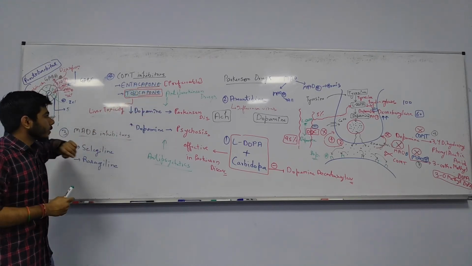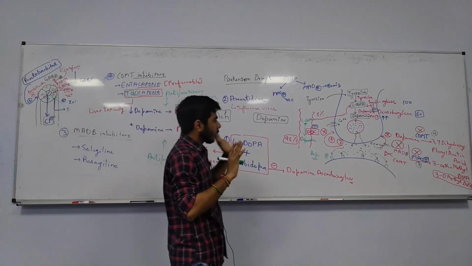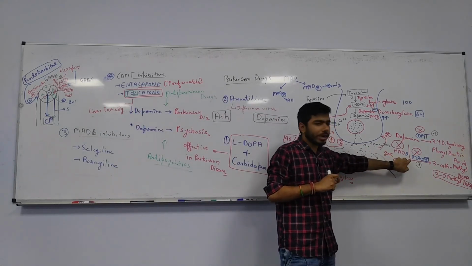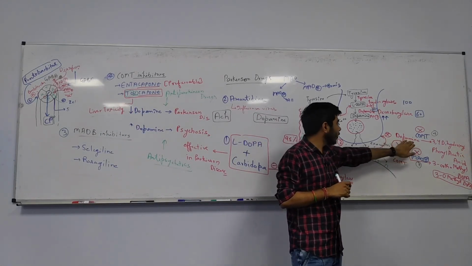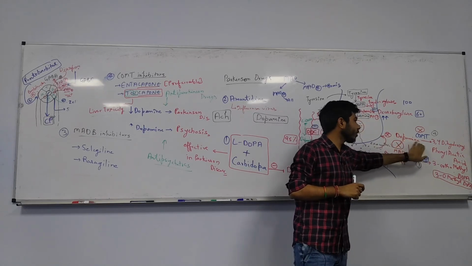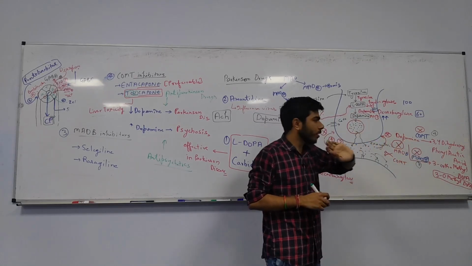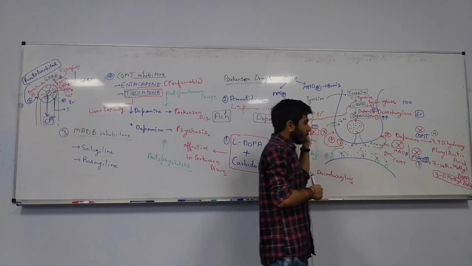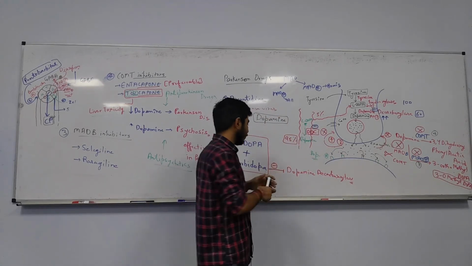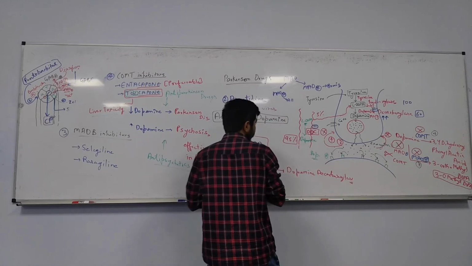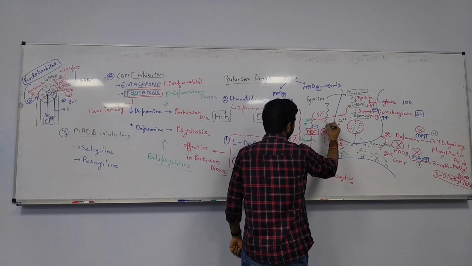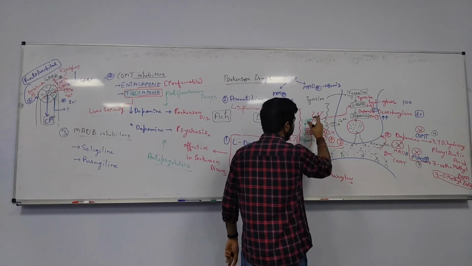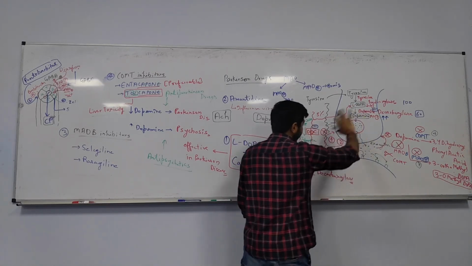How? Because of the COMT I told you about. COMT will be converting dopamine into 3,4-dihydroxyphenylacetic acid. One more thing: this is the blood-brain barrier, this is the peripheral blood circulation and this is the central side.